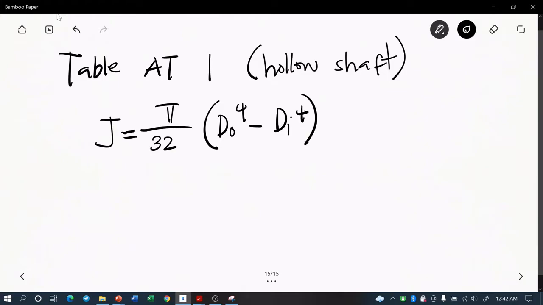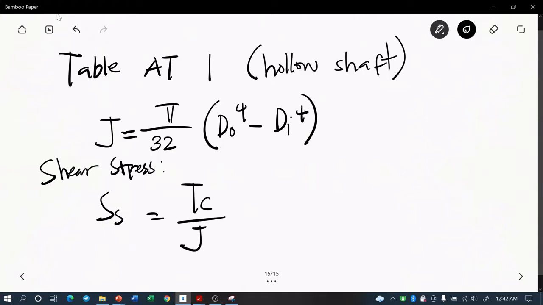So the equation for the shear stress is S sub S is equal to Tc over J. This J expression will be plugged in here, and here is what would be our c, or the distance from the neutral axis to the point where the shear stress is applied.